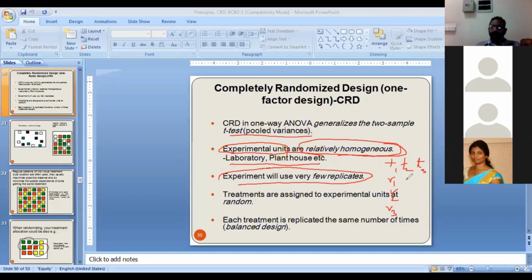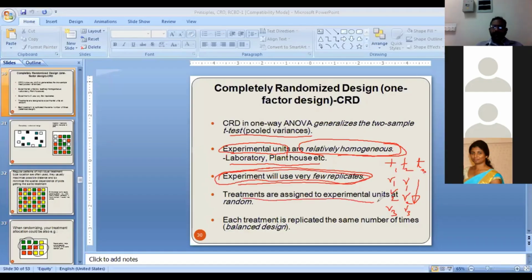Similarly, replicate 1 for treatment 2, replicate 2 for treatment 2, and replicate 3 for treatment 2. Likewise, for all treatments we can put up the replicates. But generally, if the experimental units are more or less homogeneous, we can have a smaller number of replicates. That is the speciality.